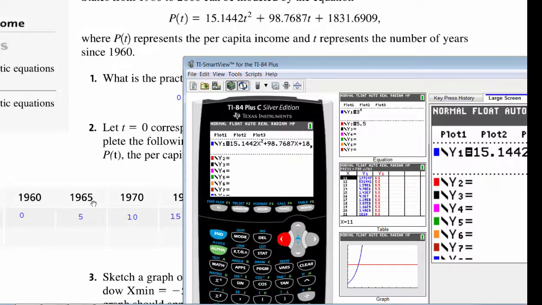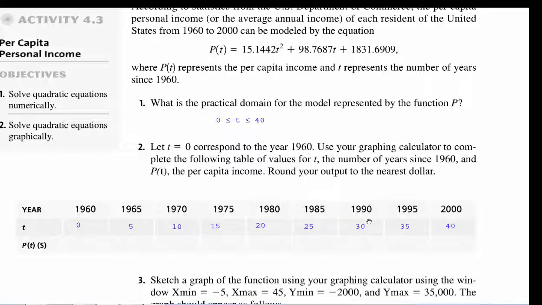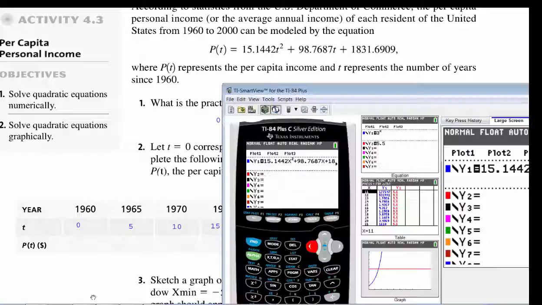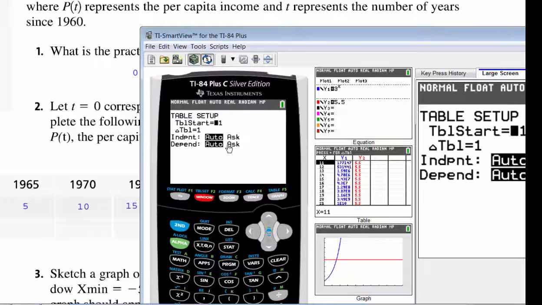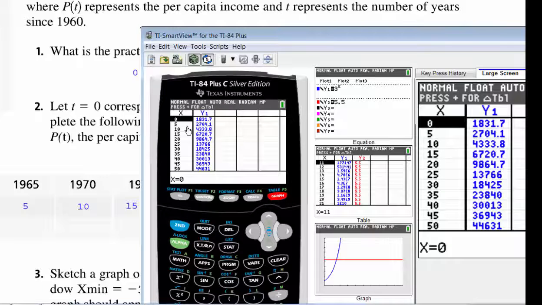And now, since this table seems to be counting by 5s, I want to set my table up to count by 5s. So I'm going to press second and the window key, because above window it says table set. I want to start my table at 0, and I want to count by 5s. And now when I press second and graph, well, there's my table, 0, 5, 10, 15.